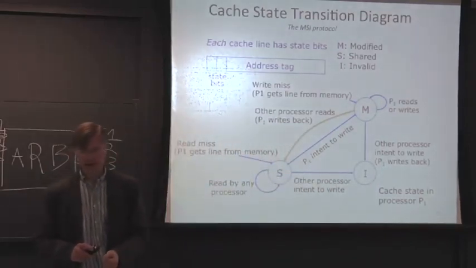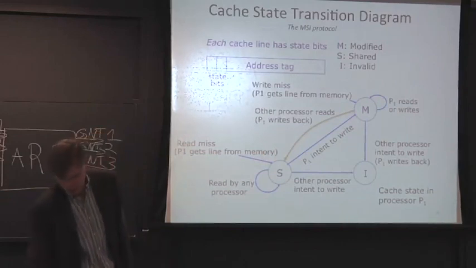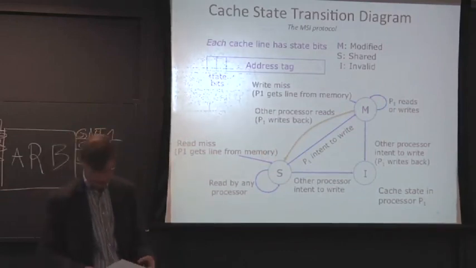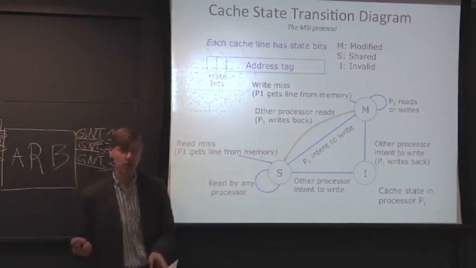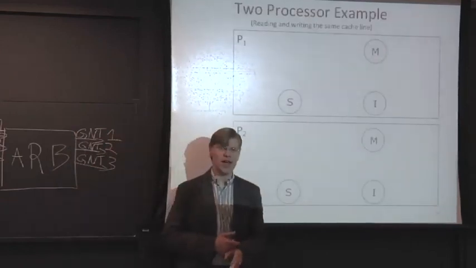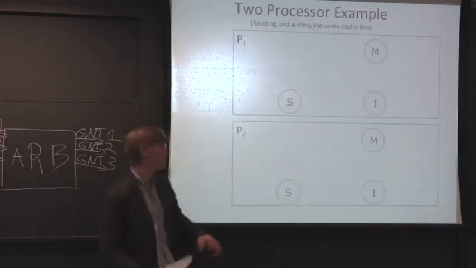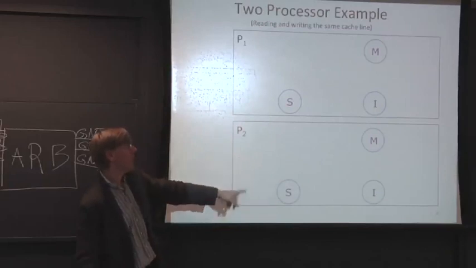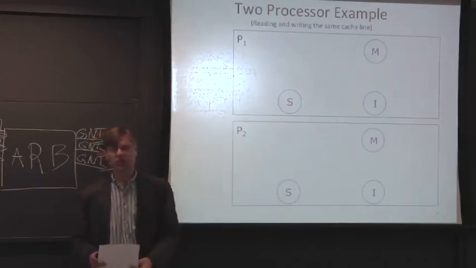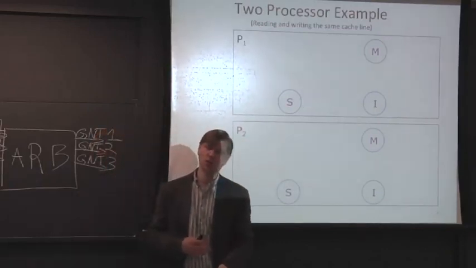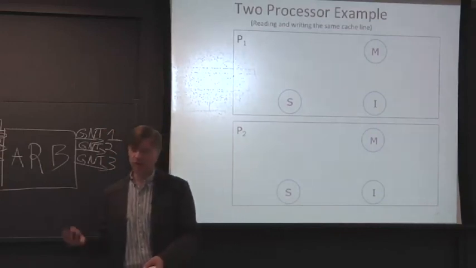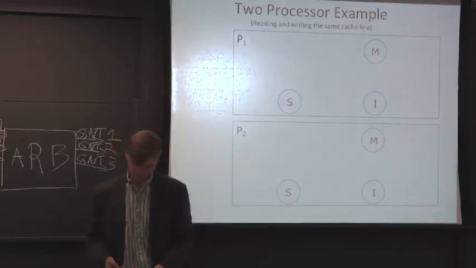OK, so let's take a look at a basic two-processor example here, walking through a set of reads and a set of writes, and watch everything that happens. We're going to have processor 1 on the top, processor 2 on the bottom, and we're going to walk through different arcs here as processor 1 does reads, and processor 2 does reads, and processor 1 does writes, and processor 2 does writes.